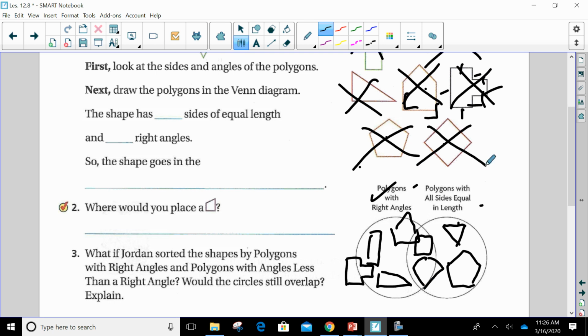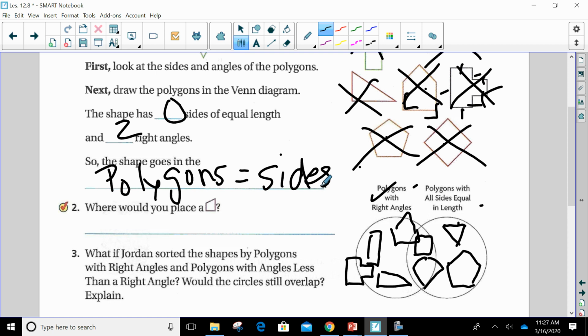Now let's see, where would I place that trapezoid? The shape has how many sides of equal length? I don't see any equal length, so I'm going to say 0. And it has how many right angles? It has 2. So the shape goes in polygons with right angles.